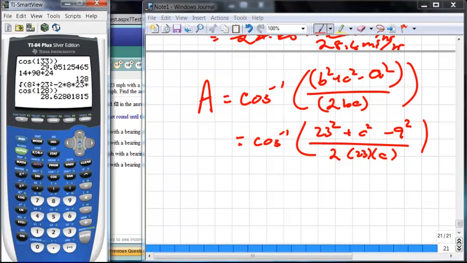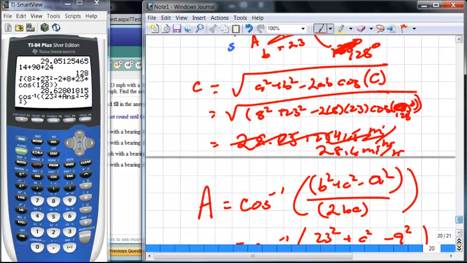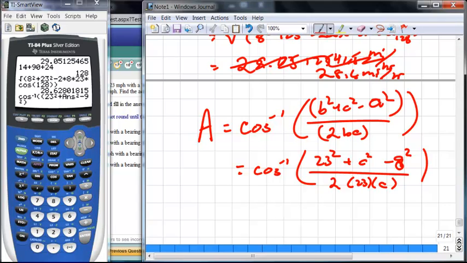So I'm going to do inverse cosine of 23 squared plus my previous answer squared minus 8 squared, and I'm going to divide by 2 times 23 times my previous answer.